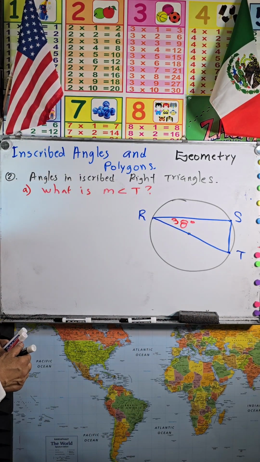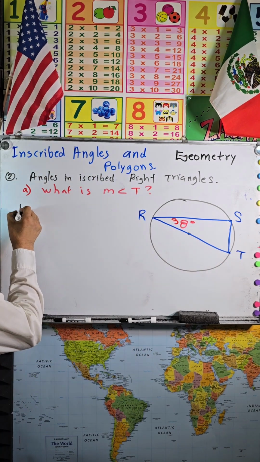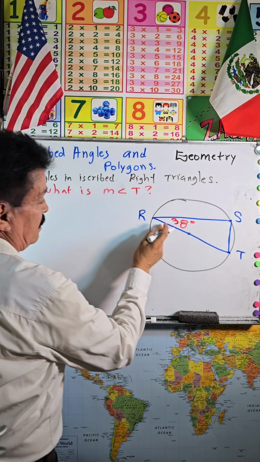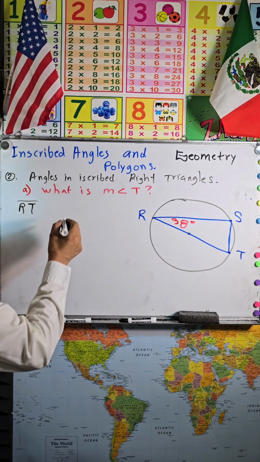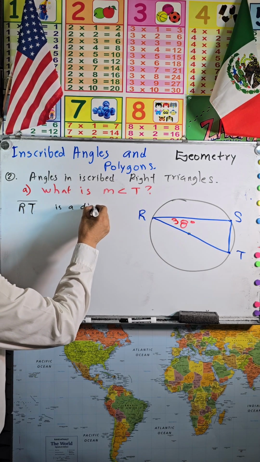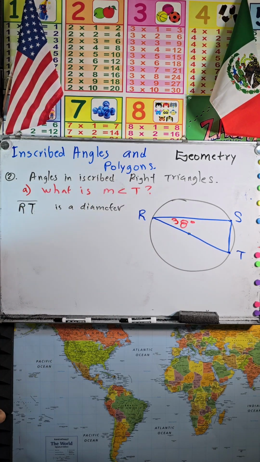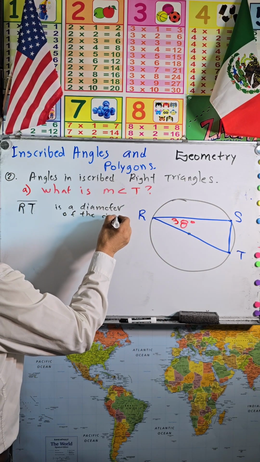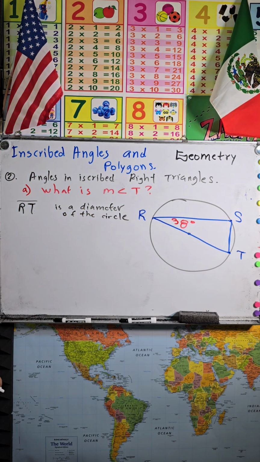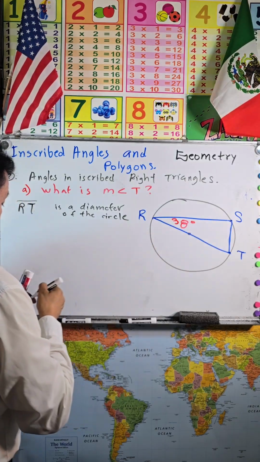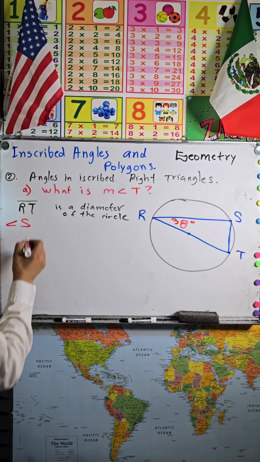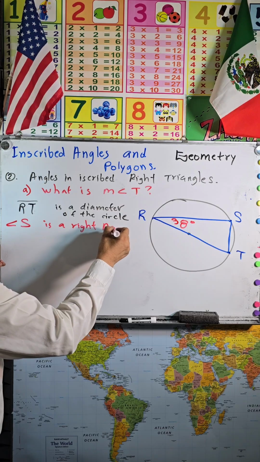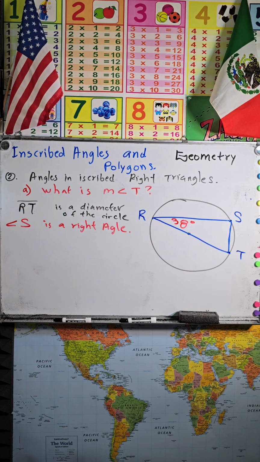First step, since RT is a segment, this line is a diameter of the circle. So this angle is a right angle.